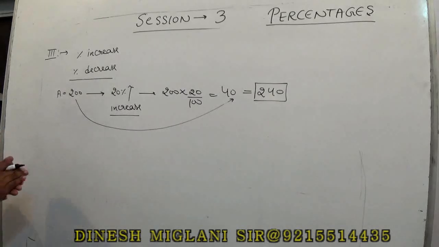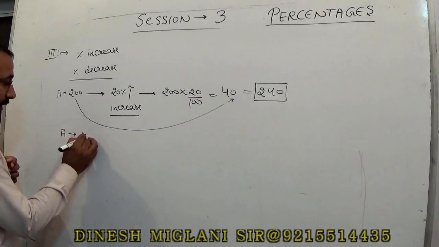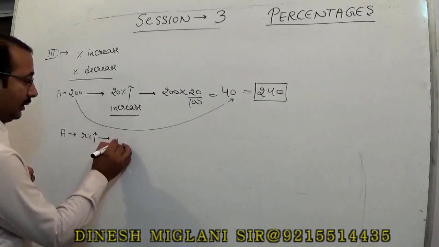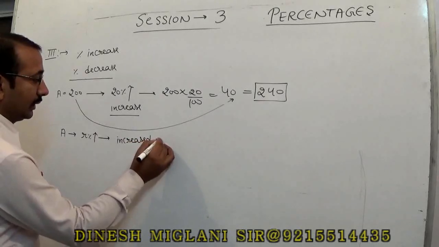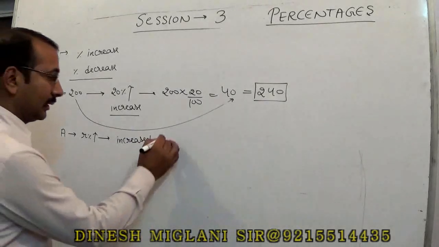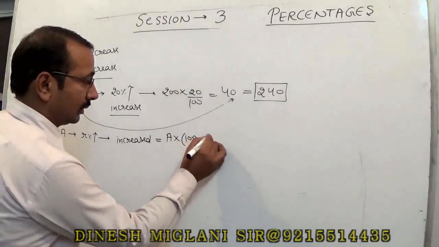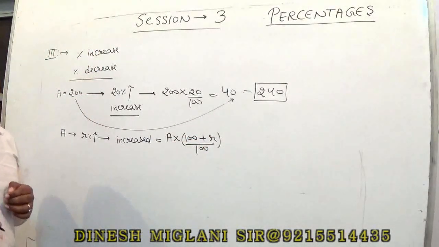We can do it directly. How? Suppose the number is A, you have to increase the number by R%, and you have to find the increased value. How to find the increased value? You can make it as A into (100 plus R) divided by 100. That becomes your answer.